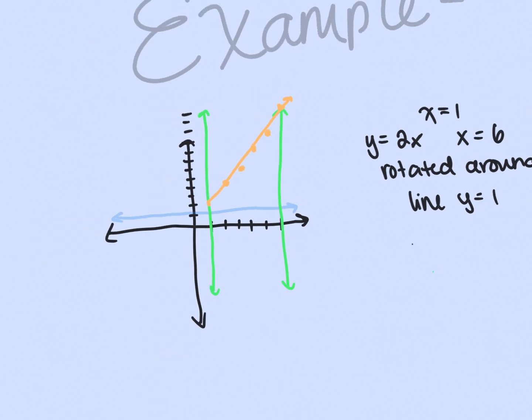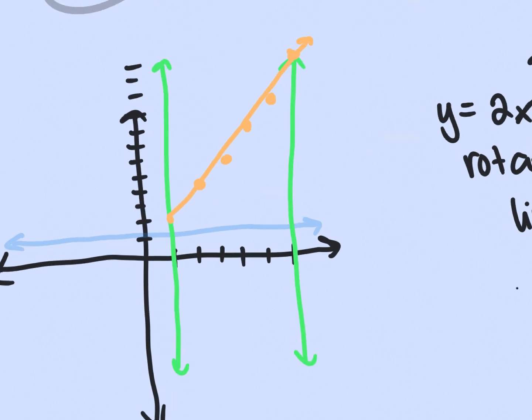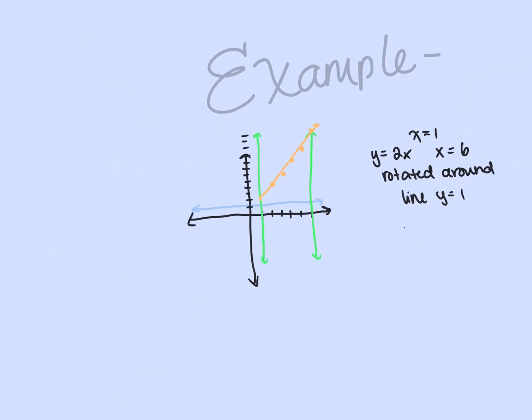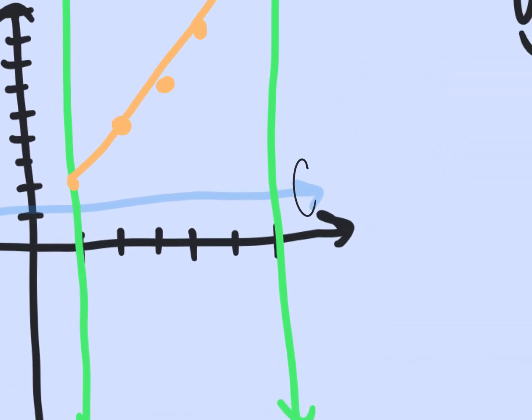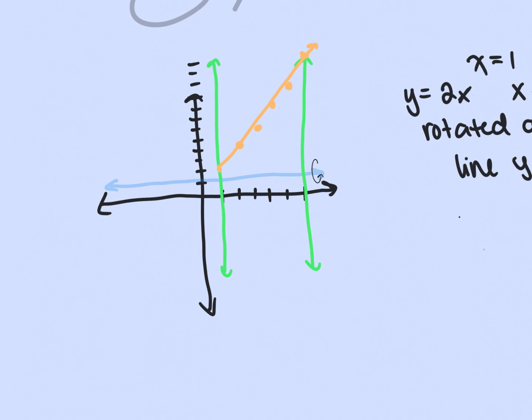So, alright, we're going to rotate this around our line that we already have drawn, that is y equals 1. So I'm going to draw a little rotation symbol so that I can remember where it's rotating around, especially on these problems. It's easy for me to get it mixed up, so I like to draw it. So I'm going to draw what my cone is going to look like.